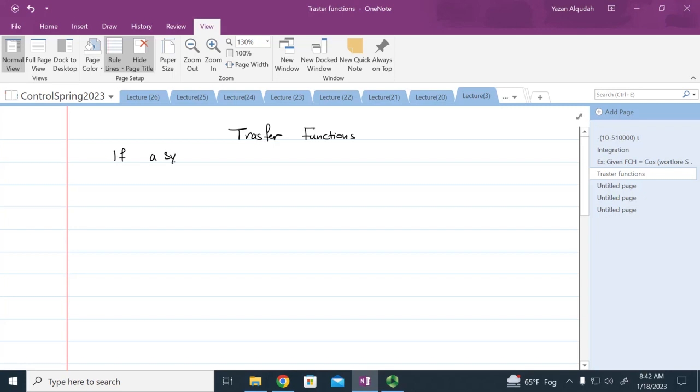If we have a system that is described using an nth order differential equation, what is ODE? Ordinary differential equation? Does everybody know it?